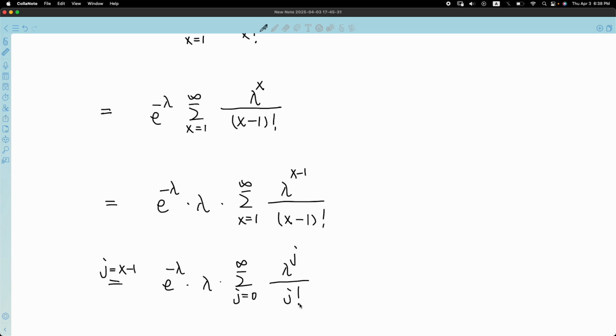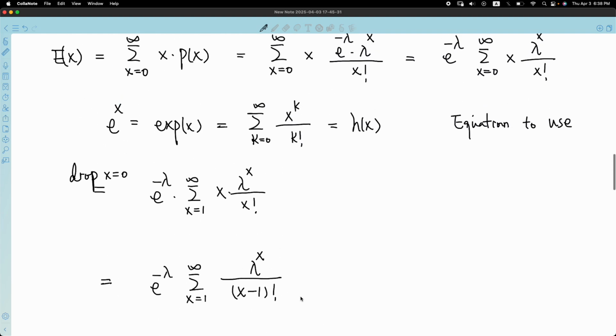By introducing j equal to x minus 1, I'm just replacing x minus 1 with j, x minus 1 factorial with j factorial, and x starting from 1 means j starting from 0. Now the summation is essentially the same expression as this known equation here. Does that make sense? That's our manipulation to achieve the substitution.